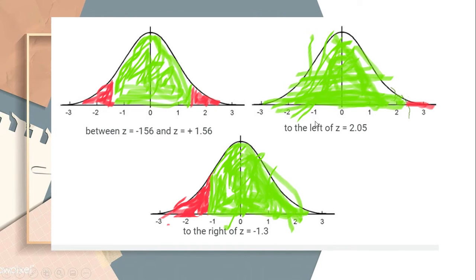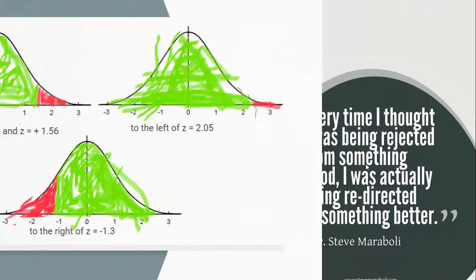Then, for number 2, to the left or below z equals 2.05, ito naman yung green part and red part. Then, yung dito sa number 3, the green part will be to the right of z equals negative 1.3, at yung nasa left niya naman, yun yung red part. So, dapat ganyan ang magiging sagot nyo dun sa ating review question.